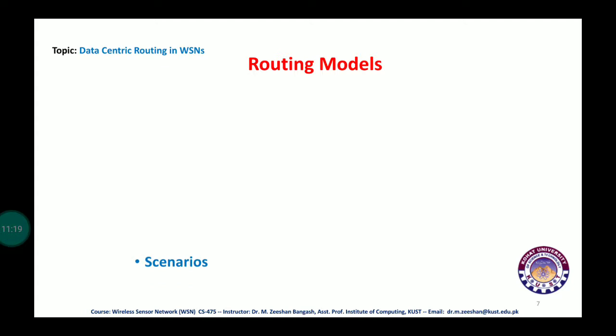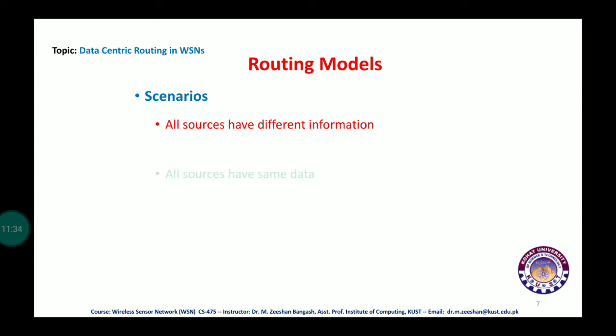Now, there are some scenarios for routing models. In the first scenario, all the sources in the sensor network have different types of information, and they are observing different phenomena. In another scenario, the sources are observing a specific phenomenon at a particular location, and they might have the same data.